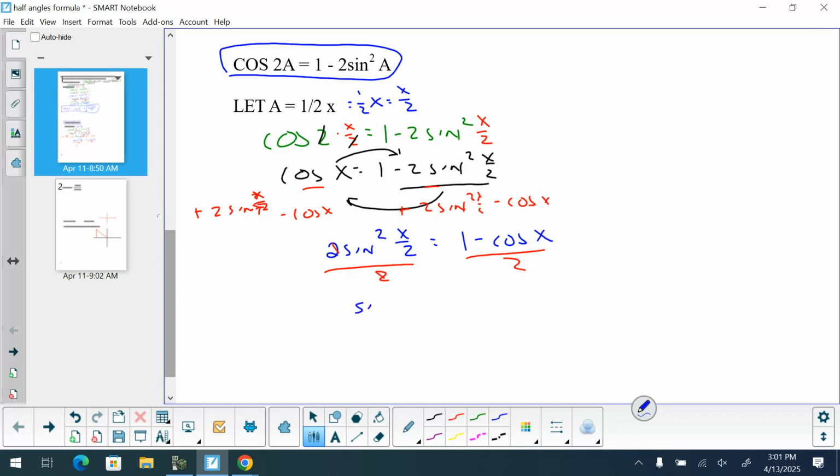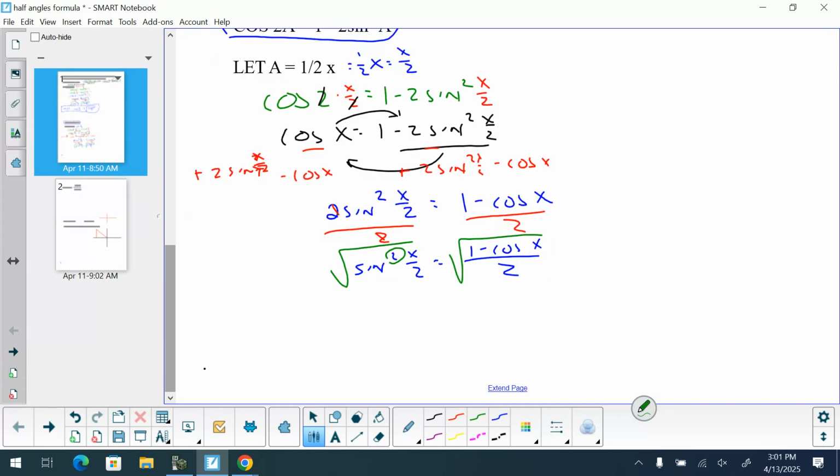So we're left with sine squared x over 2 is equal to 1 minus cosine of x, all divided by 2. Once again, to get rid of a square, we could take the square root. So we're left with sine of x over 2 is equal to plus or minus the square root of 1 minus cosine of x, all divided by 2.